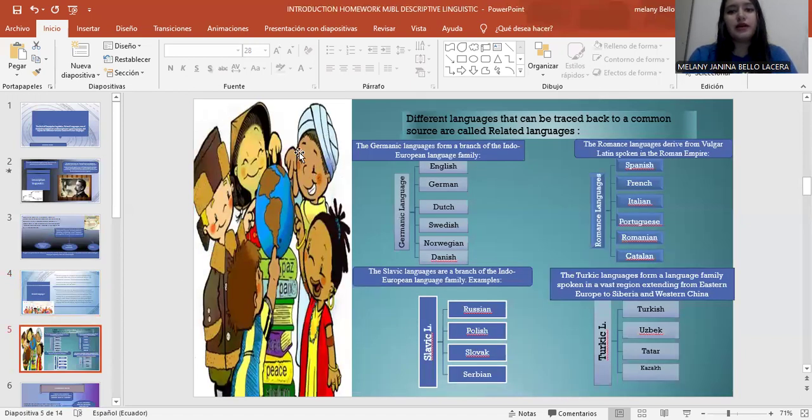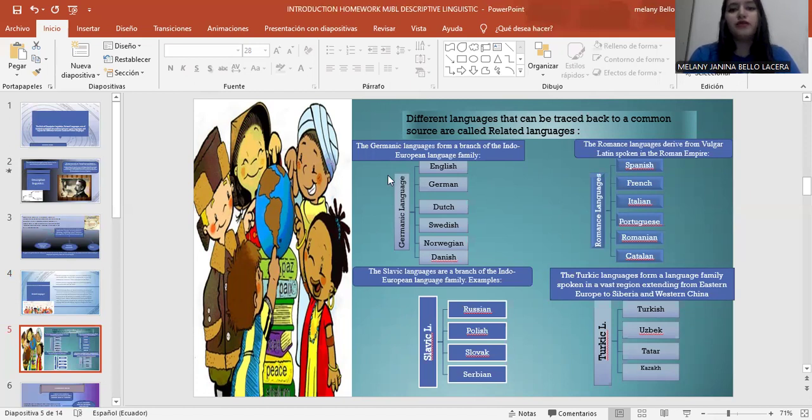You can see some languages like Germanic, Romance, Slavic, and Turkic languages. Different languages that can be traced back to a common source are called related languages.